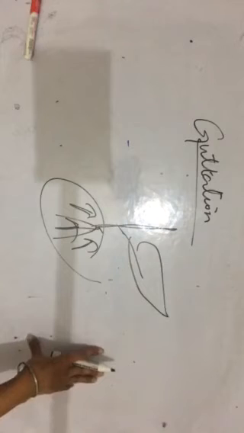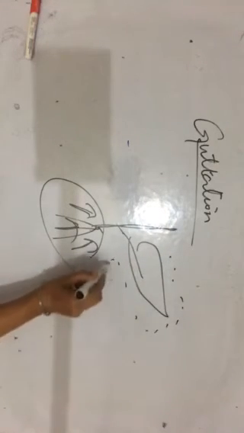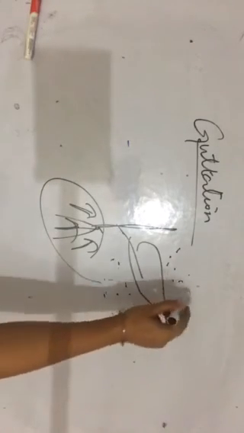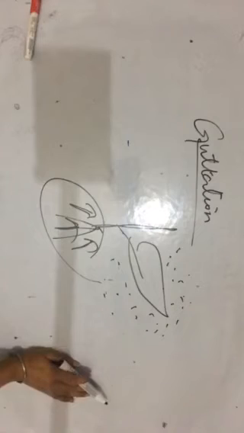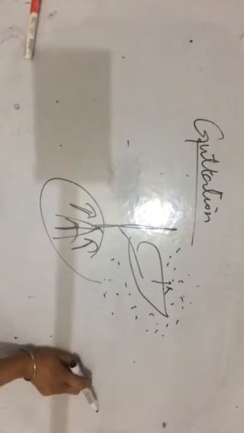So imagine if there is a lot more humidity outside, there are many water vapors outside in the atmosphere, the humidity level is much more, then the plant will not be able to send the water molecules outside in the form of vapors.